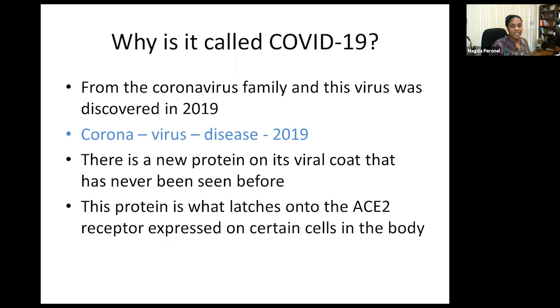What makes it different from the other viruses in the coronavirus family is that there is a new protein on the viral coat that we've never seen before. So we just made up the name coronavirus or COVID-19. This particular protein latches onto a type of receptor in the body called ACE2 receptors, and it is expressed on certain tissues in the body, and we will discuss that later on in the PowerPoint.